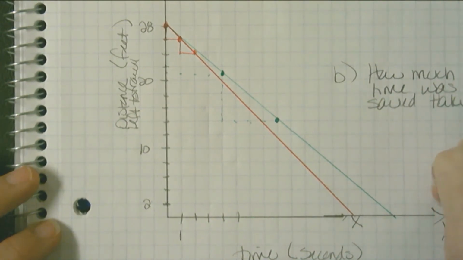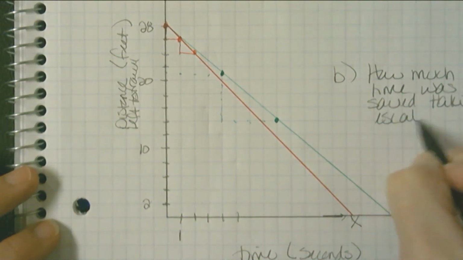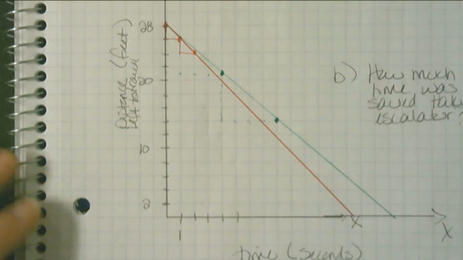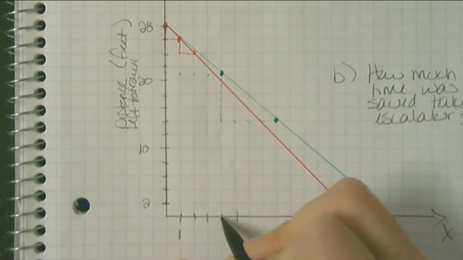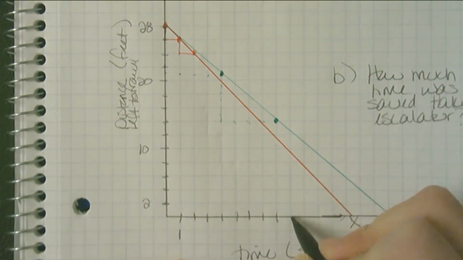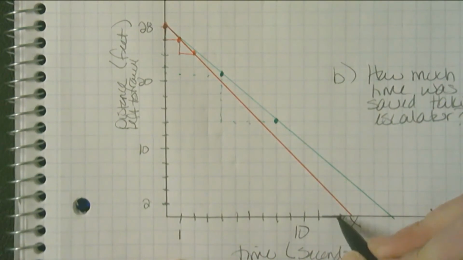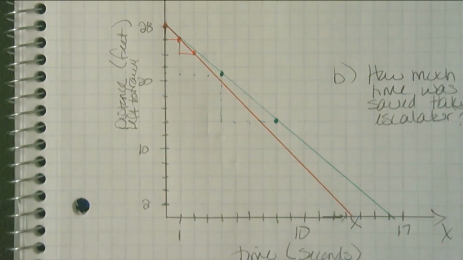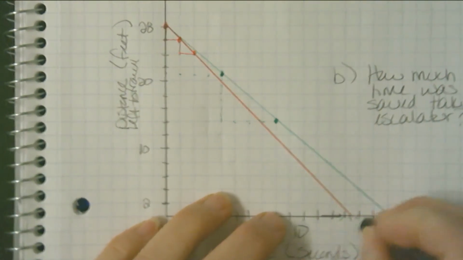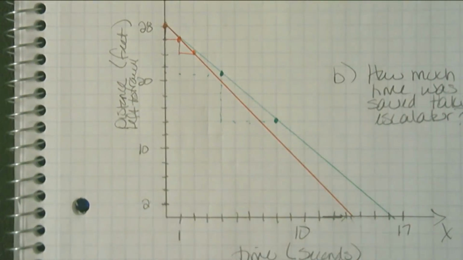Taking the escalator. How could I use my graph to do that? So 1, 2, 3, 4, 5, 6, 7, 8, 9, 10, 11, 12, 13, 14, 15, 16, 17. There's 17. How can I use my graph to figure out how much time was saved?